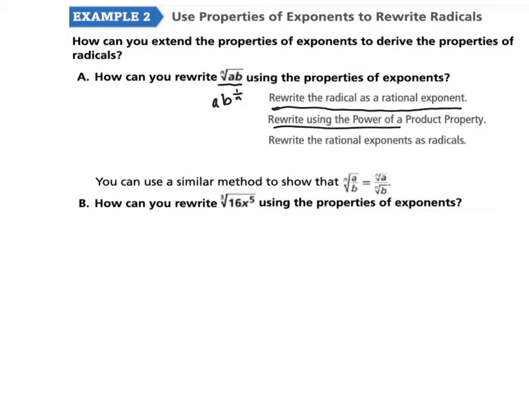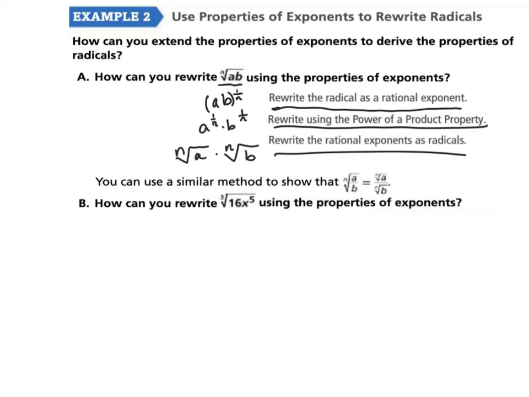Then rewrite using power of product property. This looks like A to the 1/n times B to the 1/n, right? And then we're going to rewrite it as radicals. So it'd be the nth root of A times the nth root of B. Now that's kind of just like a formal definition.